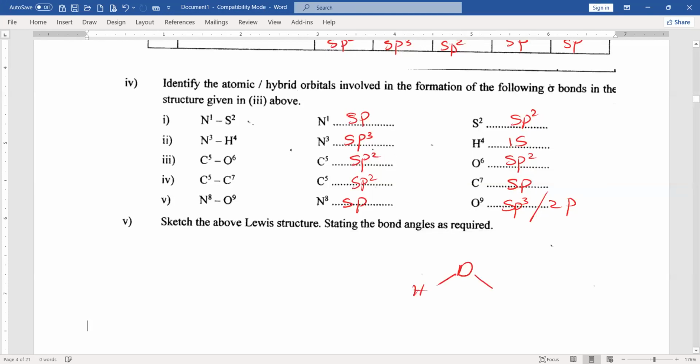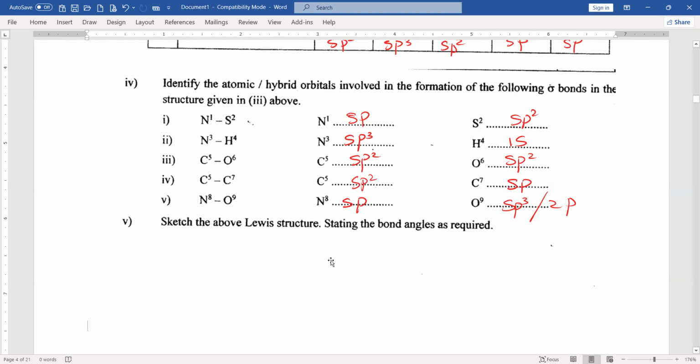In water, the shape around oxygen is angular, but the shape around hydrogen we cannot specify, because at least two bonds must be considered to give a shape. But here it forms only one bond with another atom. So there is no shape. Therefore, you can specify that without its hybridization. Hybridization is considered only to get the shape.